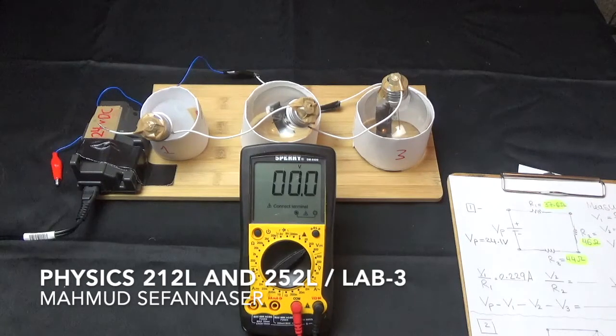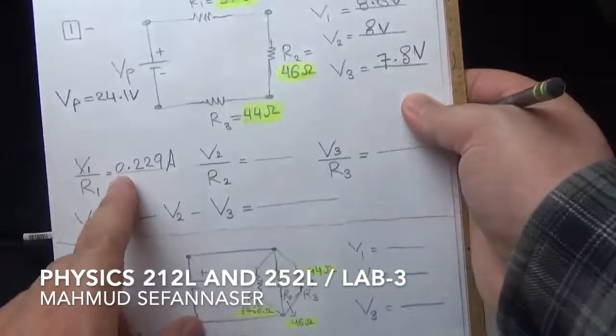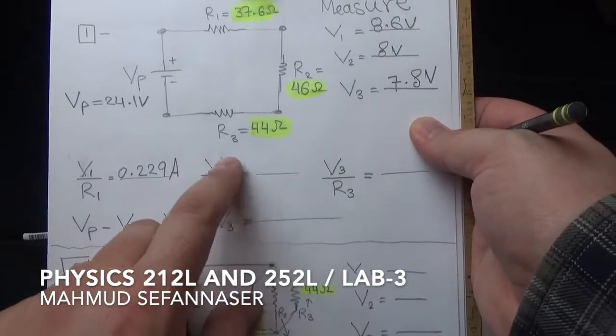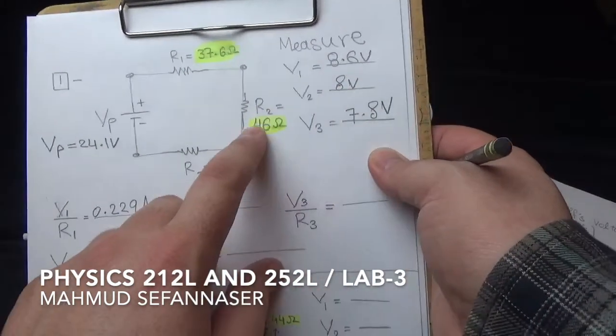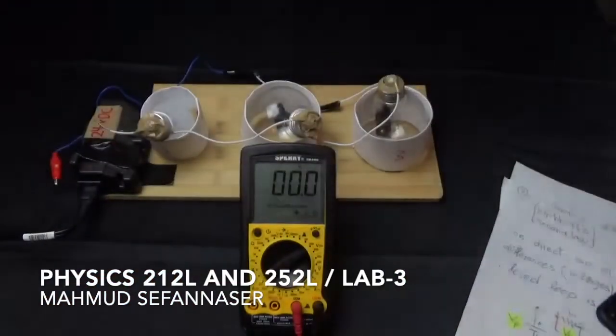Let's now move to the next one, guys. So we calculated this. We noticed that the current is 0.229. Now we are going to do V2, 8 volt, divided by 46 ohms.